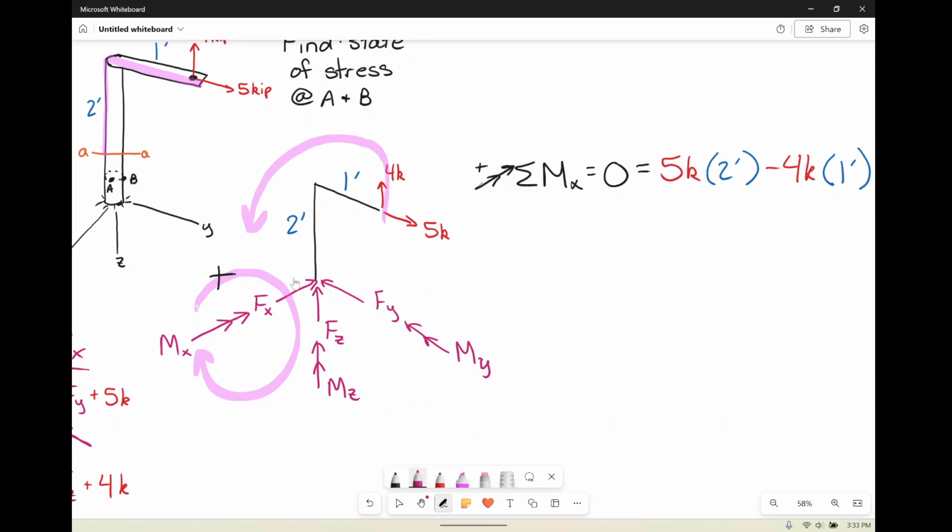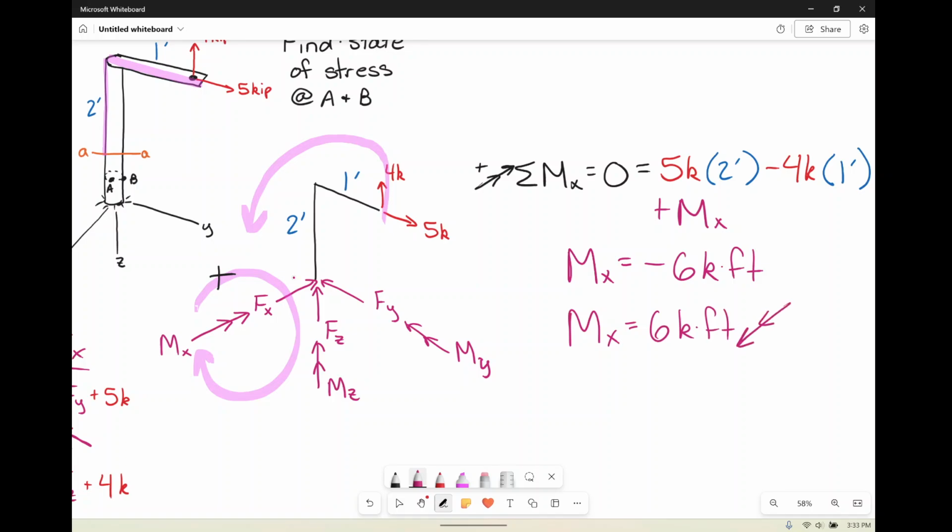And then, of course, we do have Mx himself, and he is going in our positive direction. And that's everybody. So moving things around, we have 10 minus 4, so that's 6, but he has to go to the other side. So Mx is actually equal to negative 6 kip feet, by the way. So Mx is 6 kip feet, but going that way.